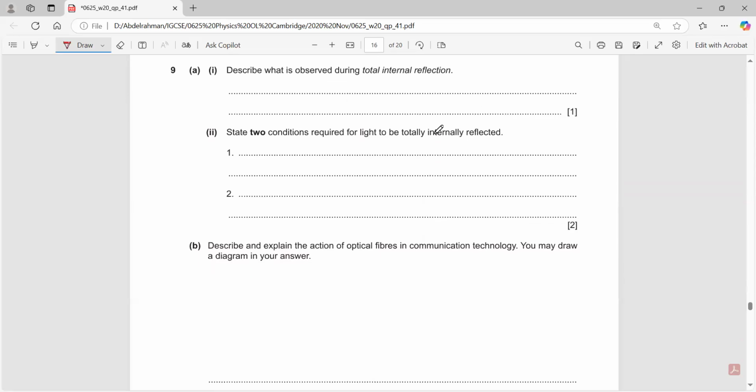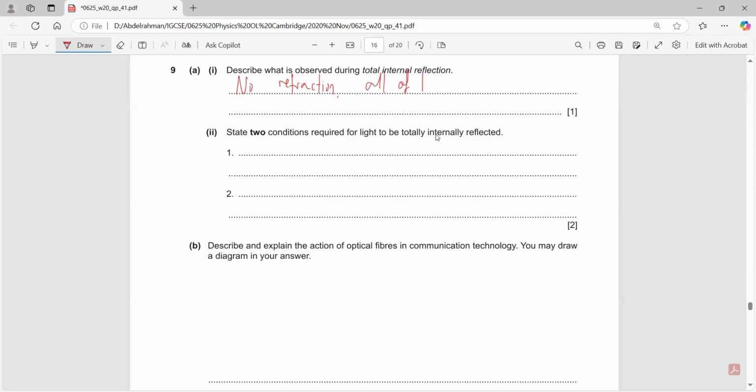Describe what is observed in total internal reflection. This is a nice question. Does any of the light refract? Does any of the light escape the medium? No. All of the light remains inside the medium. So no refraction.